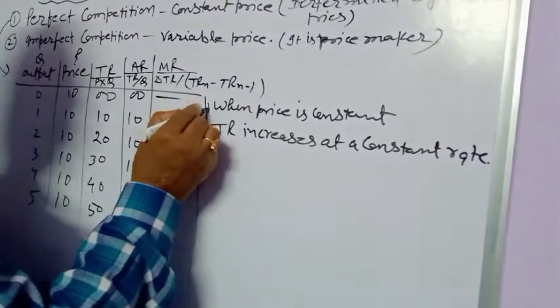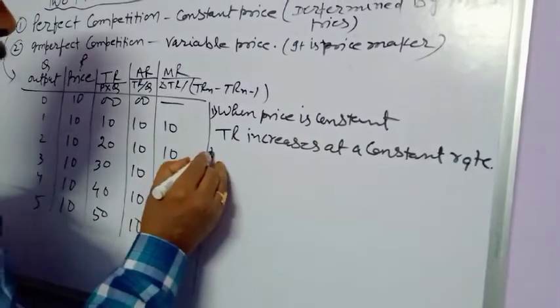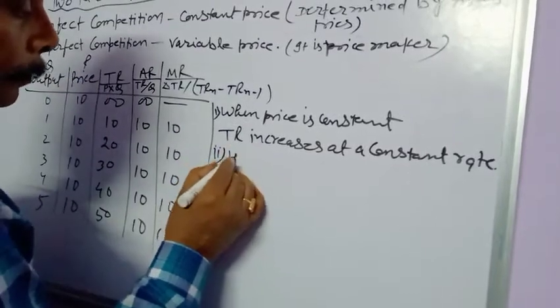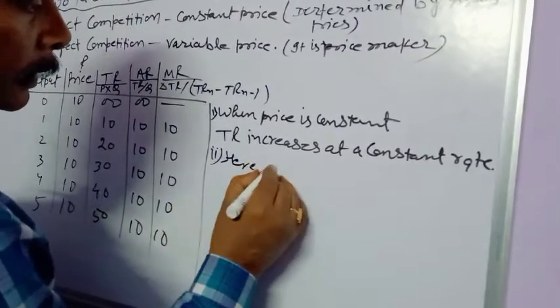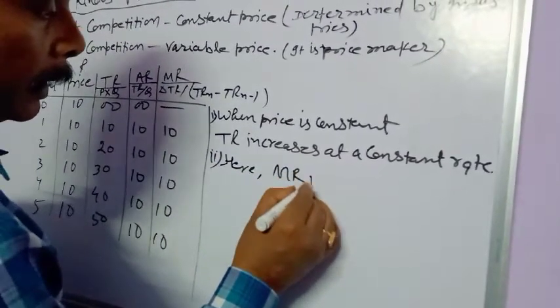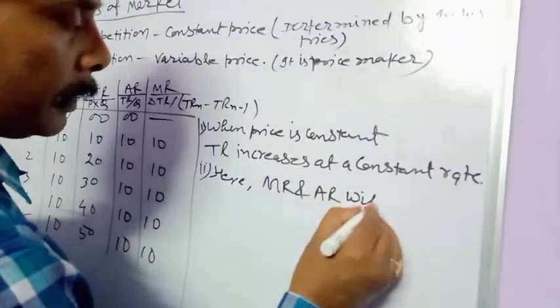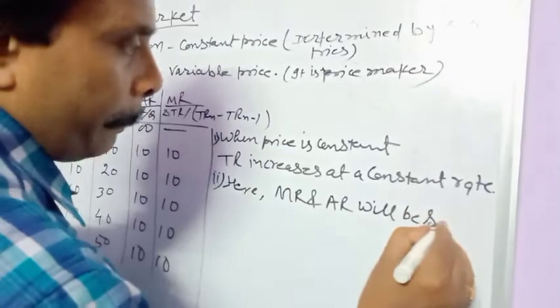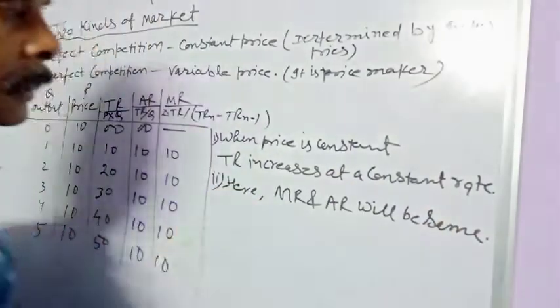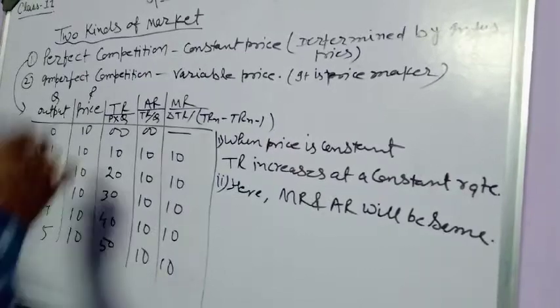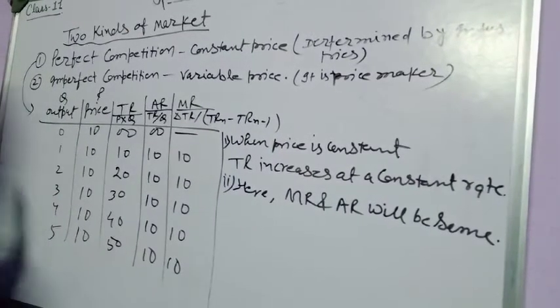Point number 1. Second, here MR and AR will be the same. Clear? So this is the basic feature of a perfect competition market.